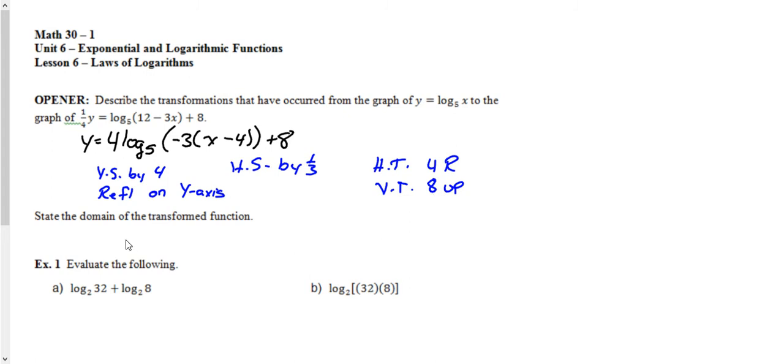State our domain of the transformed function. So our regular domain should have been greater than 0 because our regular picture should have looked something like this. With a reflection on our y-axis, it should look something like this over here.